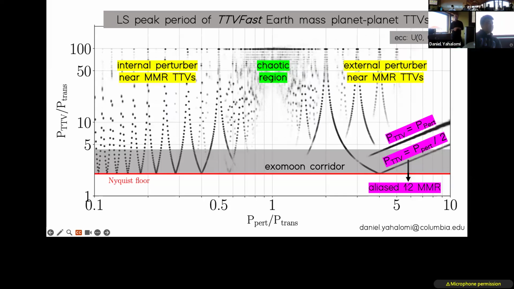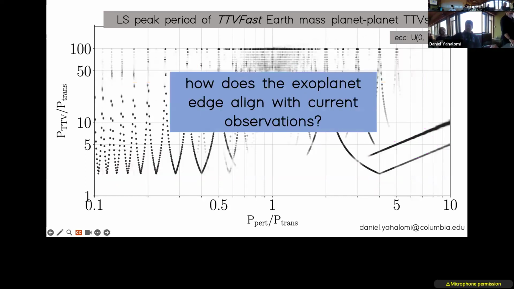I also have one question related to that. This is generated from pure two-planet systems with low eccentricity. Is that true of all those data points, do you think? Yeah, we have to look into more of that. That's a really good question.